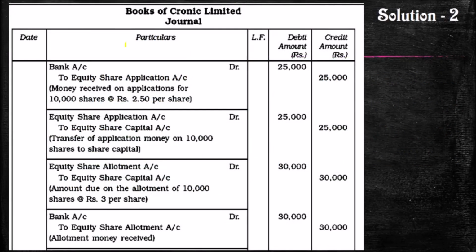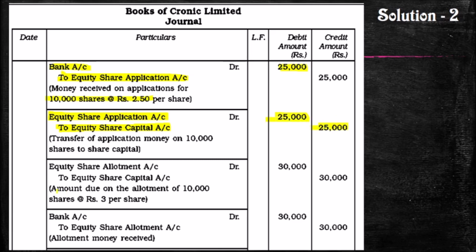So what is the first entry? Bank account debtor to equity share application account 25,000, 10,000 into 2.5. When we receive the amount and transfer that amount into share capital, the entry will be equity share application to equity share capital, 10,000 into 2.50, 25,000.